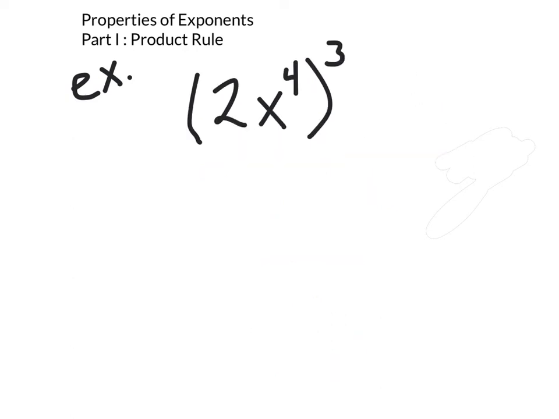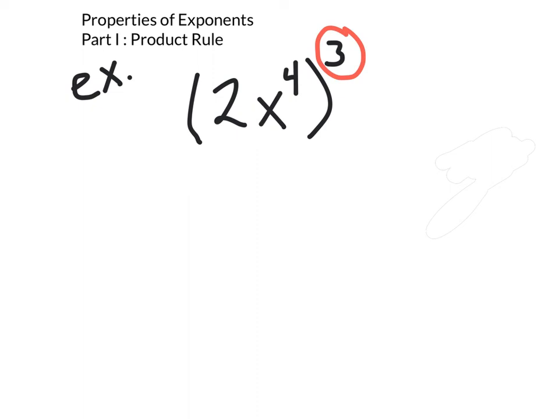This last problem is really leading us up into a different property, but this can actually be handled by looking at it also as a product. If I think about the exponent on the outside here, this reads 2x to the 4th power, the quantity all to the 3rd power.